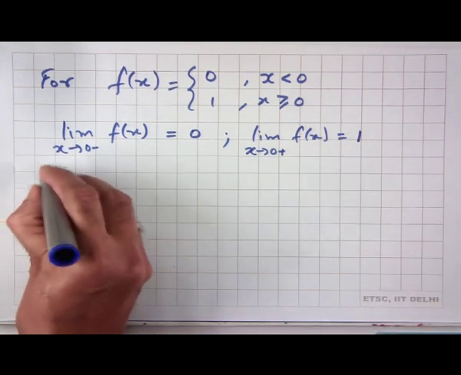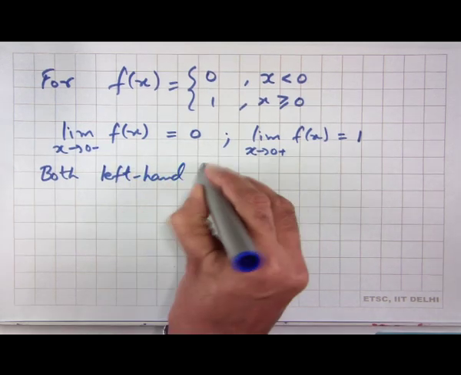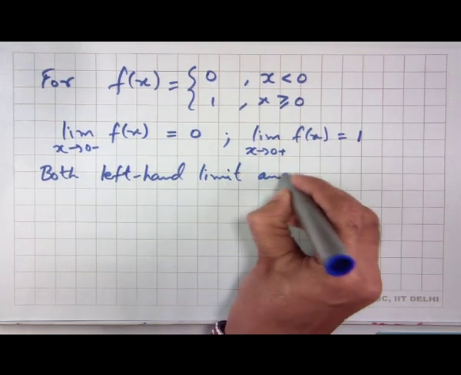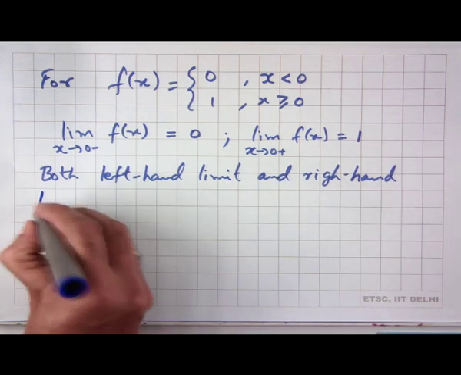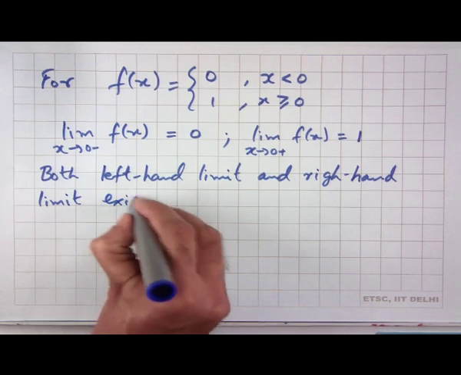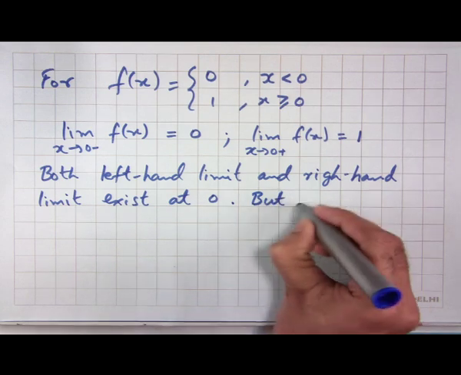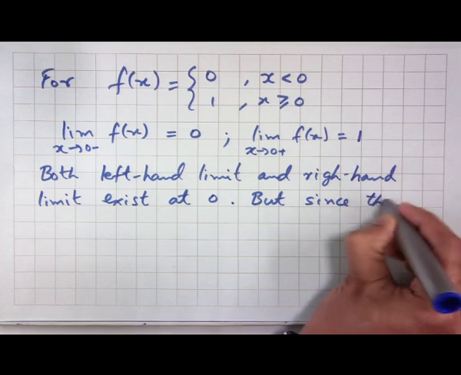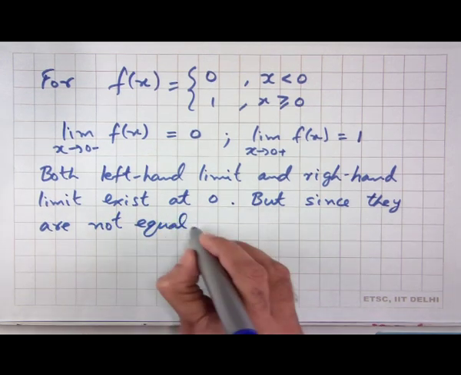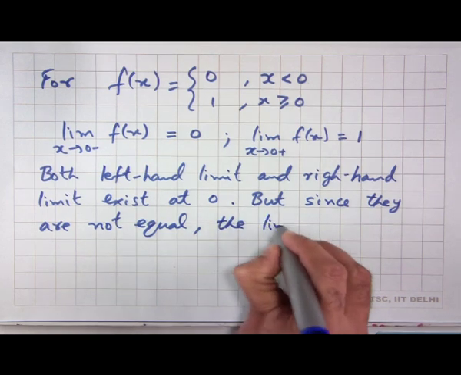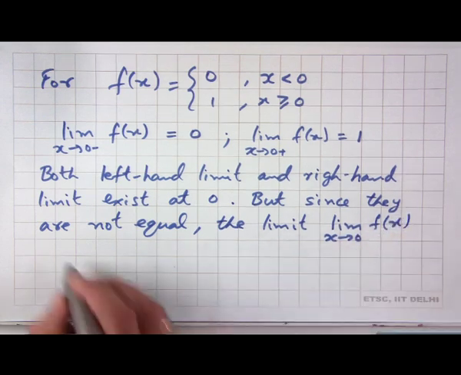So, both left hand limit and right hand limit exist at 0, but since they are not equal, the limit as x goes to 0 of f of x does not exist.